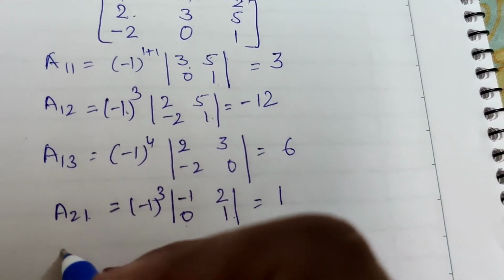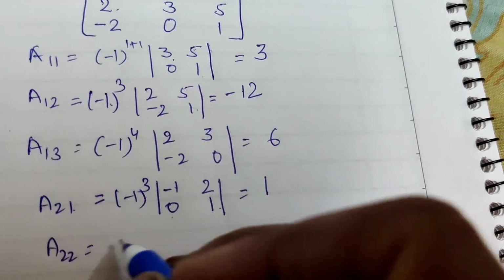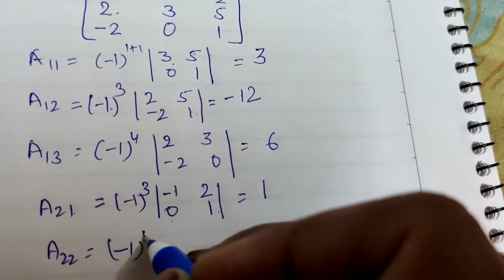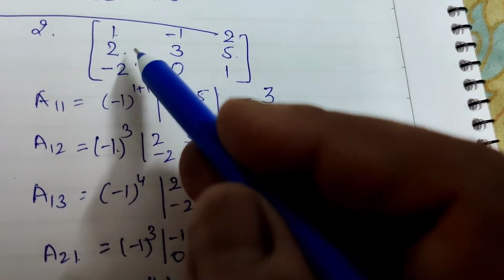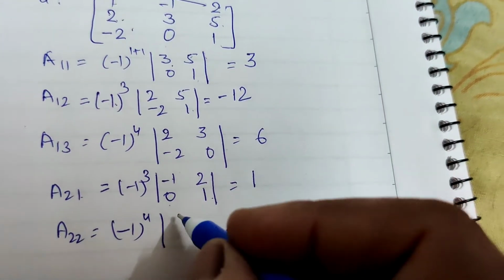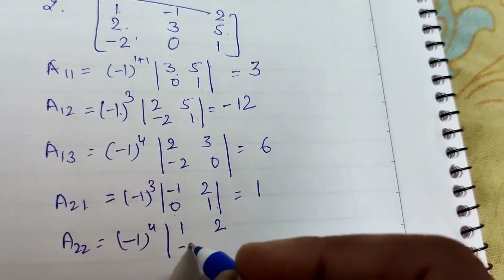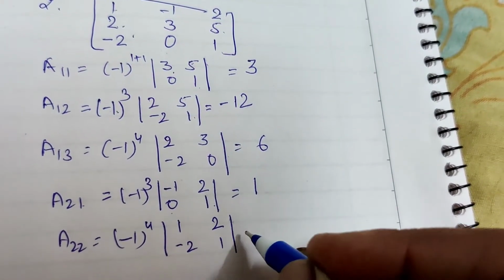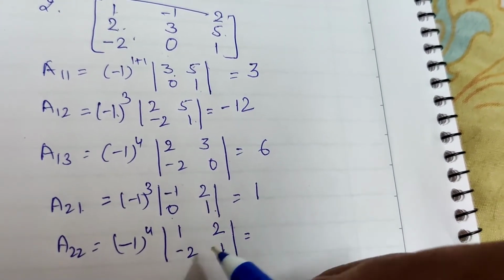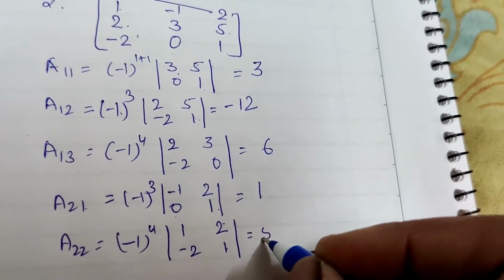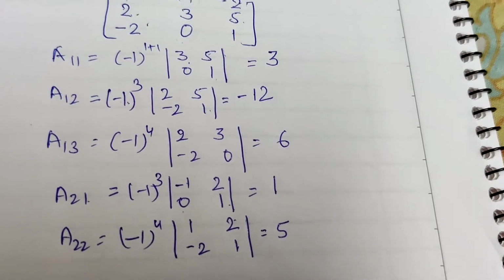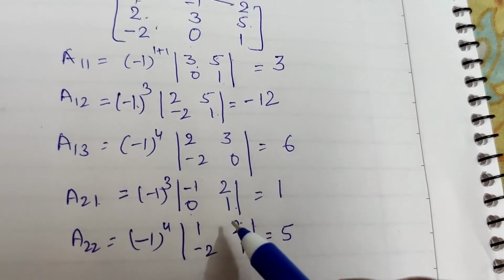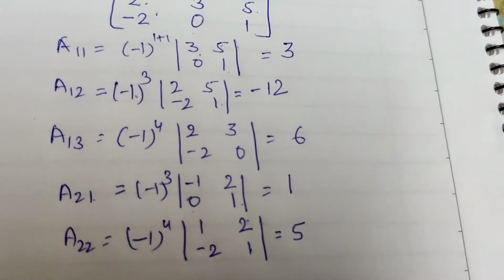Next, A22: minus 1 raised to power 4, second row, second column. The matrix is 1, 2, minus 2, 1. It is positive 1 plus 4, which is 5.